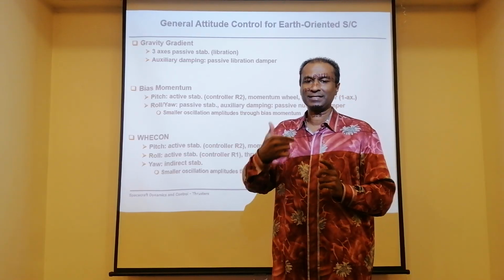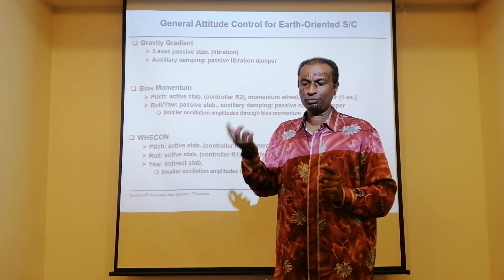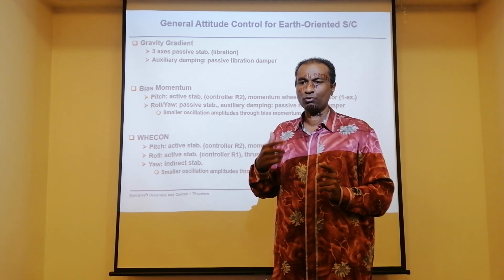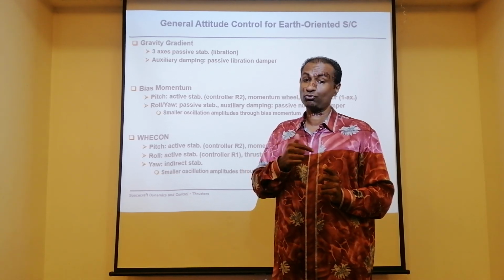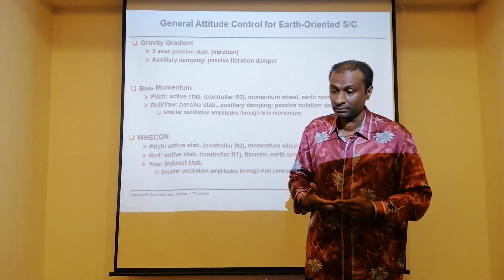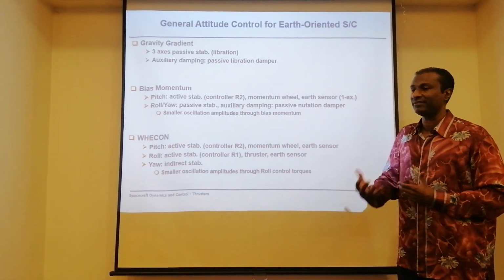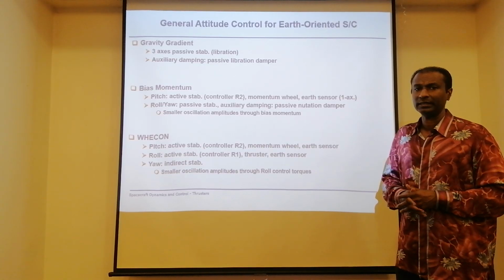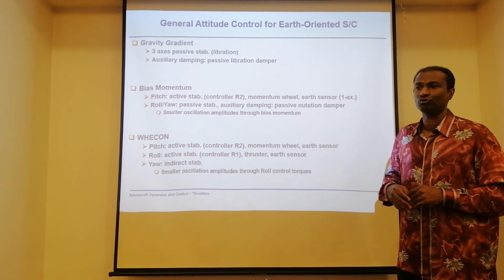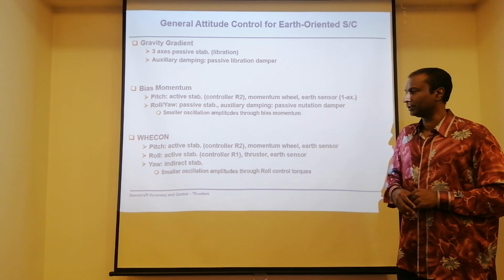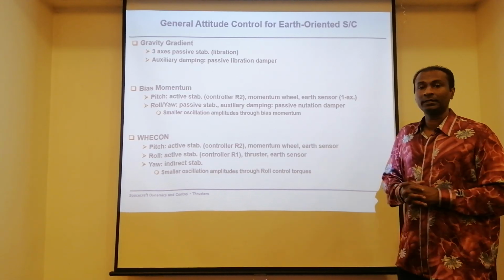Remember, when you constantly control roll, you are also helping to control the yaw in that sense, because it's a coupled motion. So this could be another variation of usage of actuators, attitude control actuators. Okay, thank you.